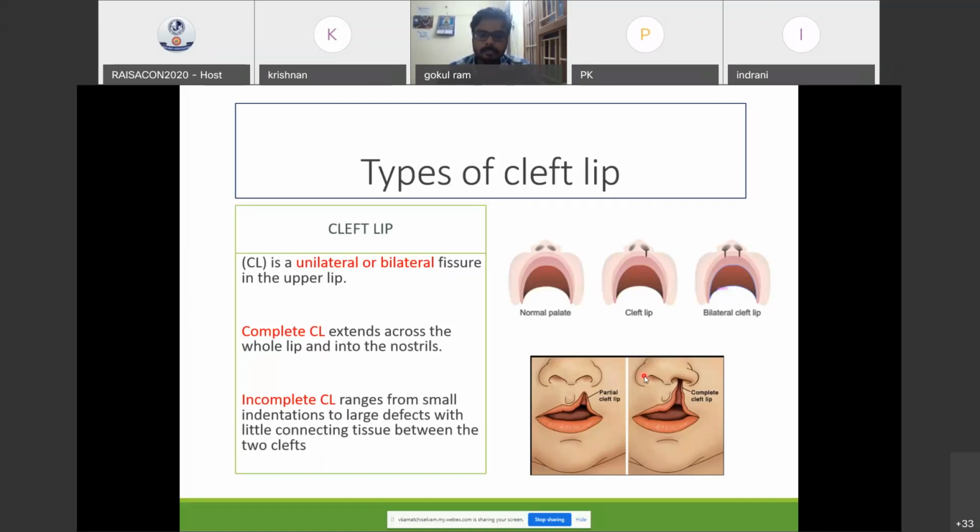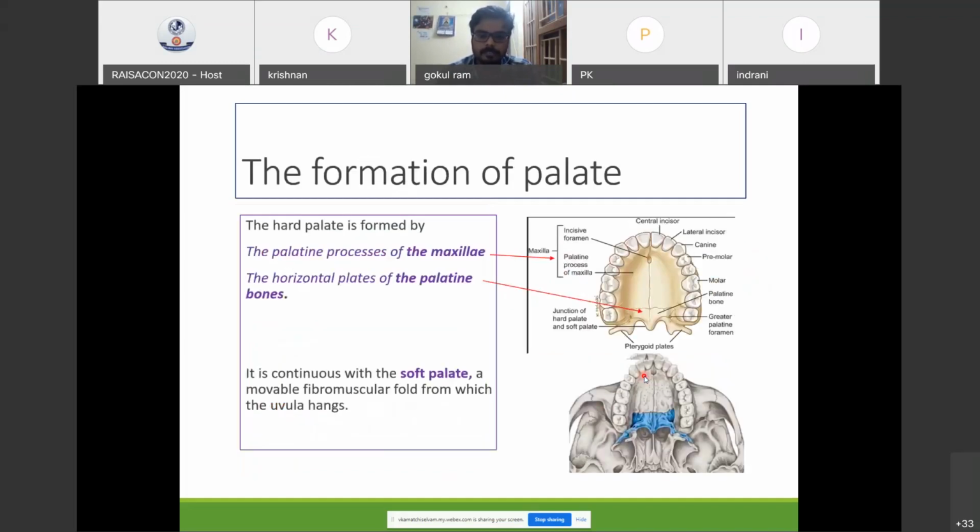Palate is developed as two types, primary palate and secondary palate. The primary palate is in front of the incisive foramen.